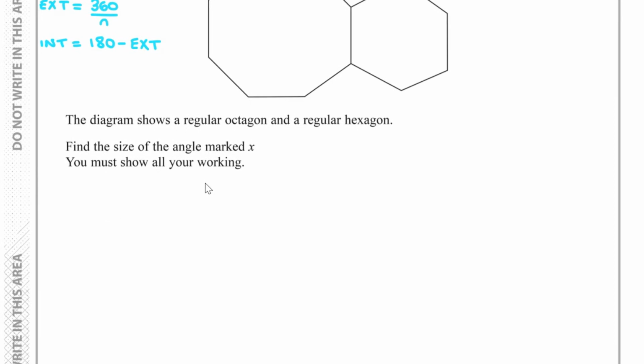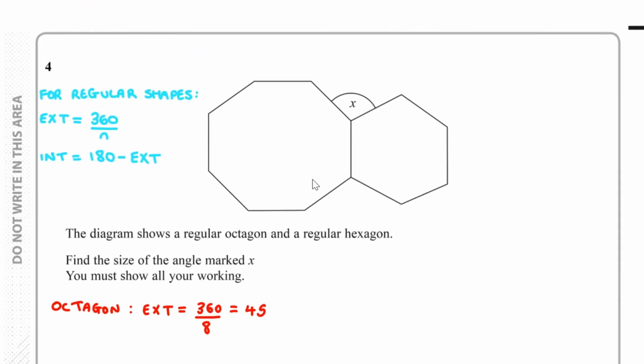So first of all, let's take a look at the octagon. The exterior angle of the octagon is equal to 360 divided by 8, which is 45. So we have 45 degrees for the exterior angle of the octagon.